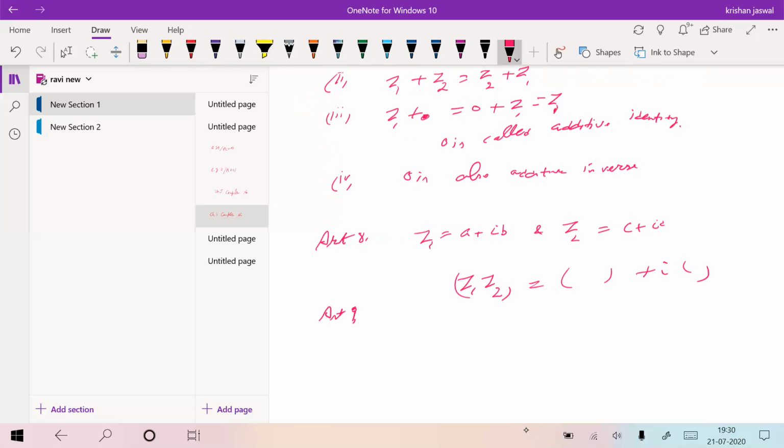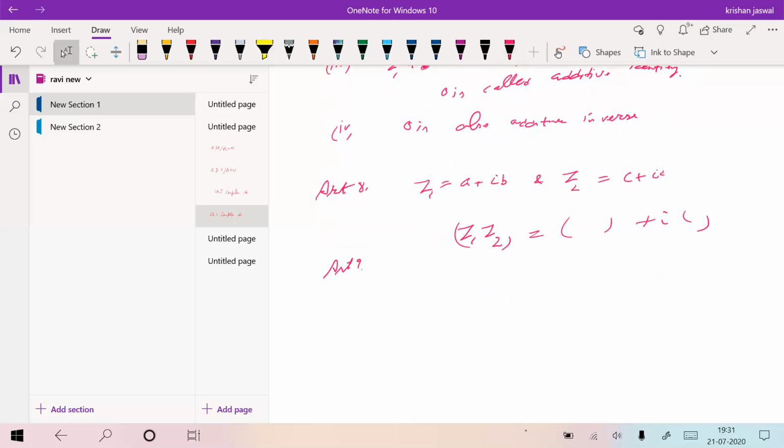Article number 9. Prove that the binary operation of multiplication in C is associative, commutative, and possesses a unique identity element. In Article 7, we showed the additive properties. Now we will show the multiplicative properties: associative, commutative, and identity element.